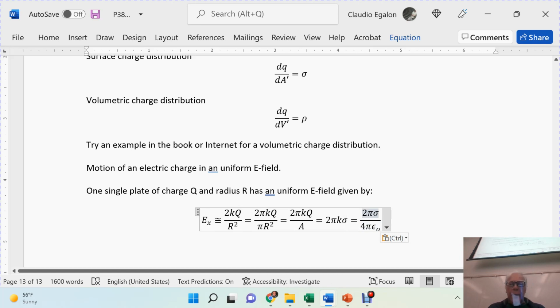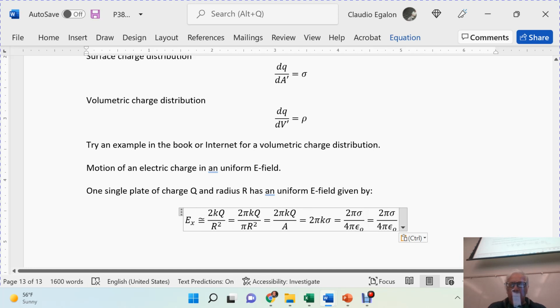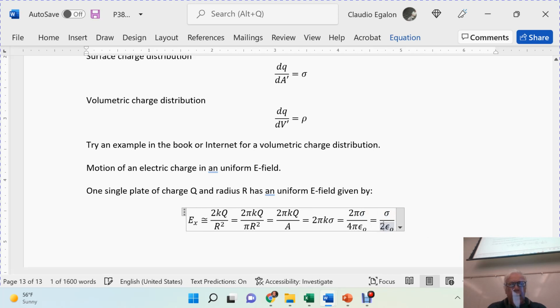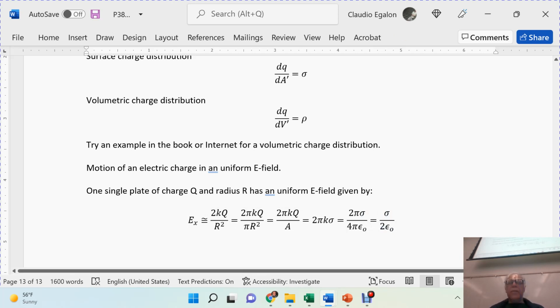Okay, and then we can further simplify. Okay, you get sigma over epsilon naught. Now you choose which one is easier to memorize, if it's this one here or if it's this one right in here.